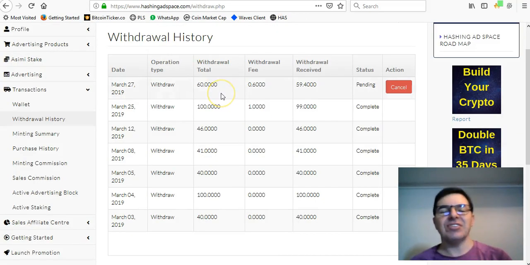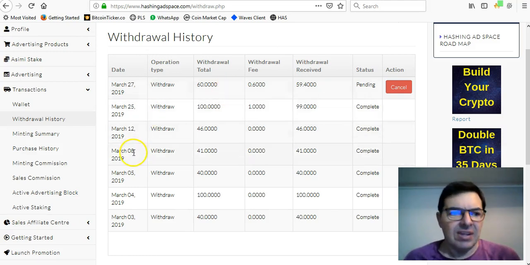Sorry. In the Waves exchange, then I can convert it to Bitcoin, and then move the Bitcoin to my regular Bitcoin wallet, and then exchange that for rands.